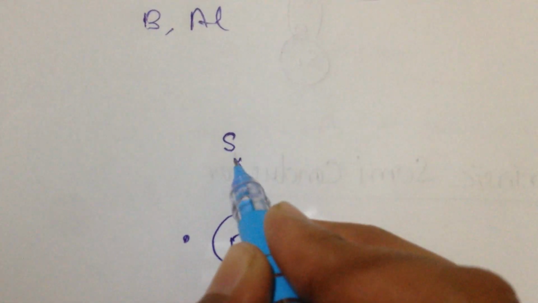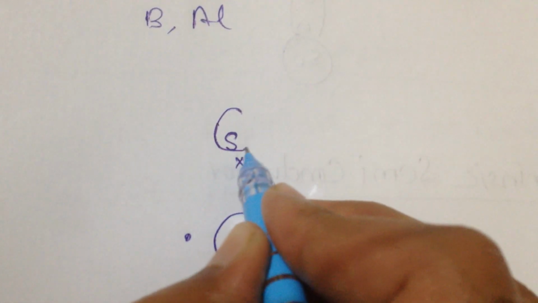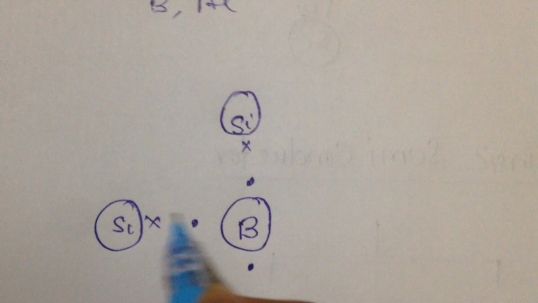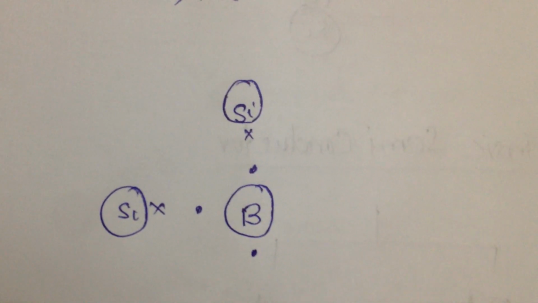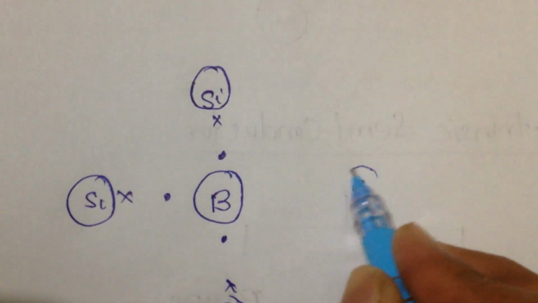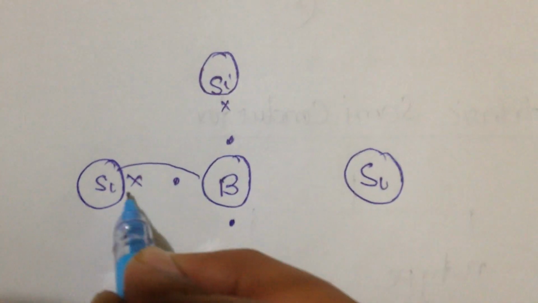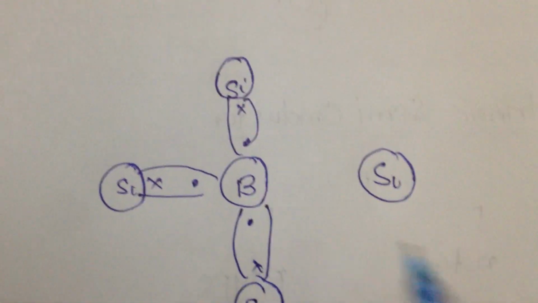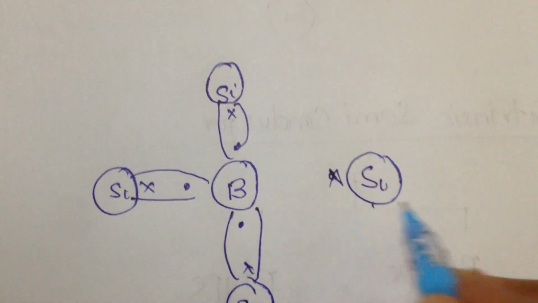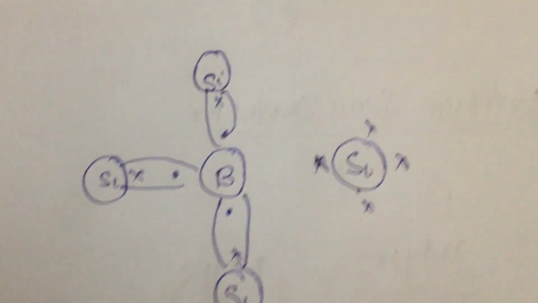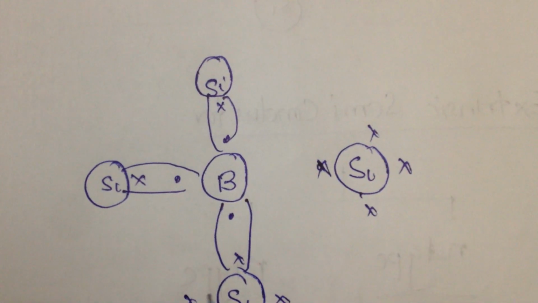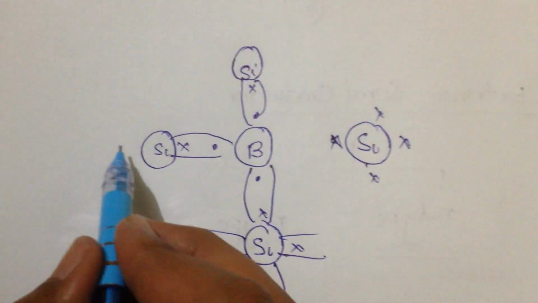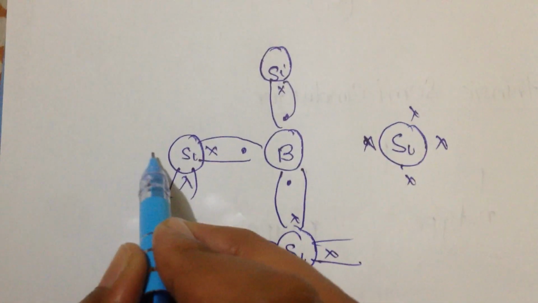These three electrons make covalent bonds with the adjacent silicon atoms, and one bond at a silicon atom is left incomplete.